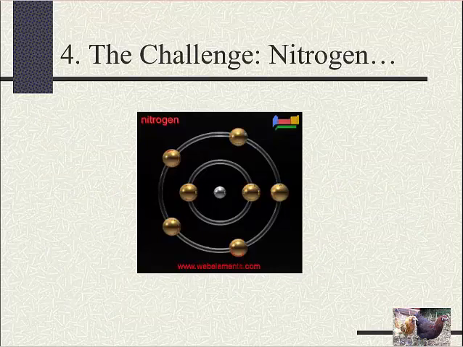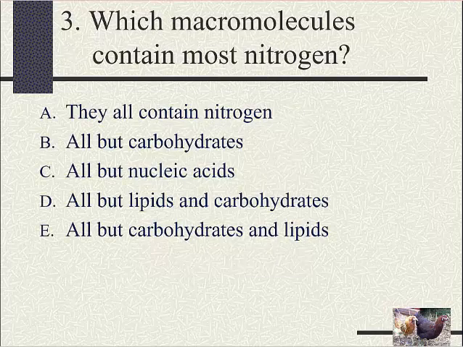So the challenge is nitrogen. Nitrogenous waste. And the question is, why is that? First of all, which of the macromolecules that we digest contain the most nitrogen, or any at all? Consider this. Stop.